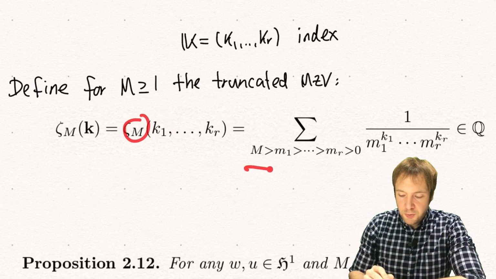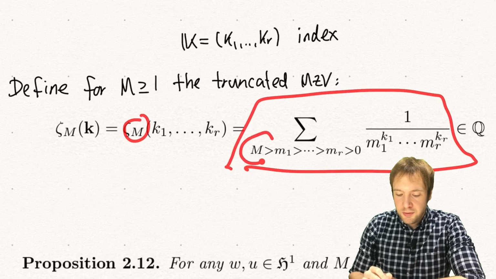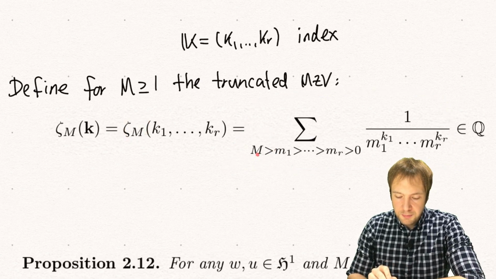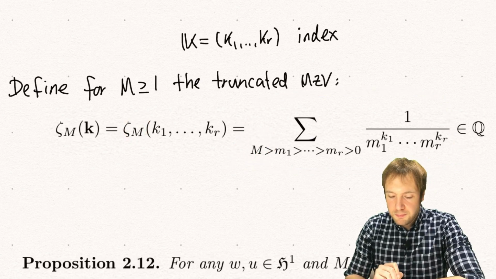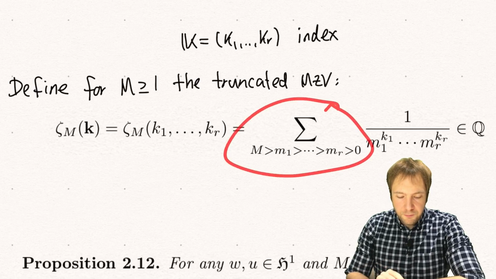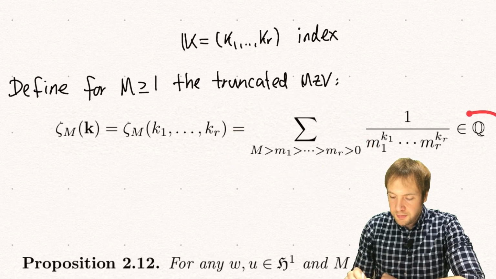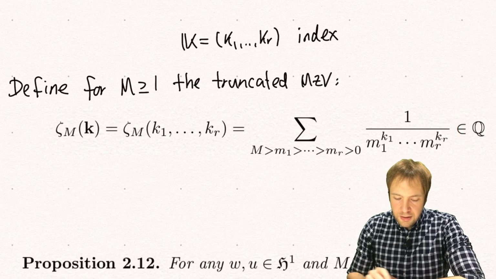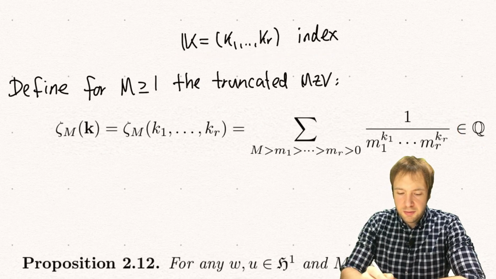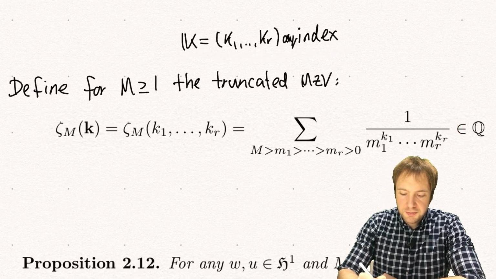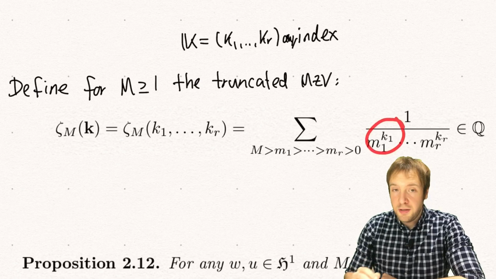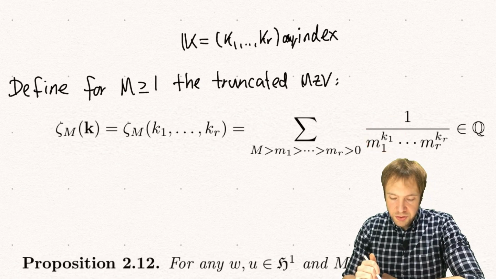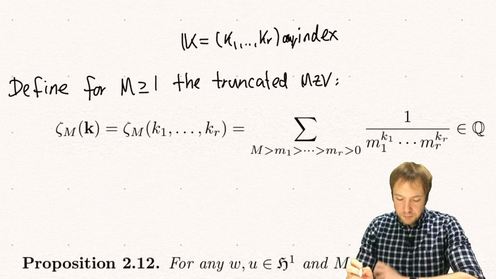And for a fixed M, we now take the definition of multiple zeta values, but restrict the summation by this capital M. And this is a finite sum for a fixed M, and therefore this will give a rational number. And it also makes sense for any index, which is important, because we don't have any problems with the convergence of this sum.